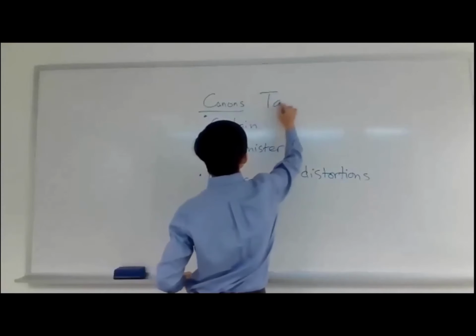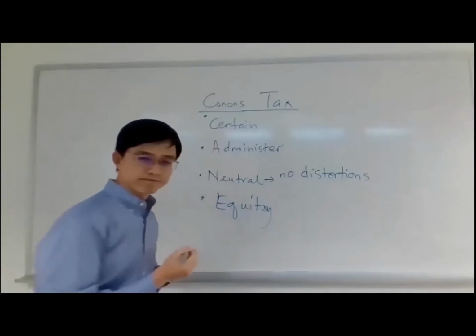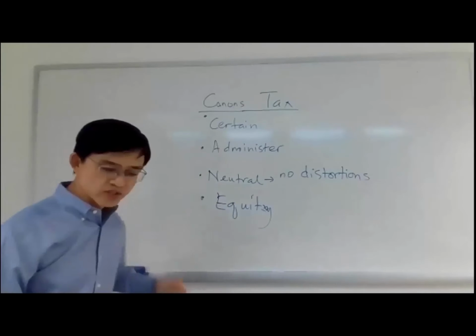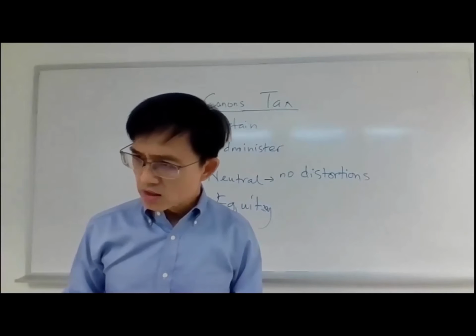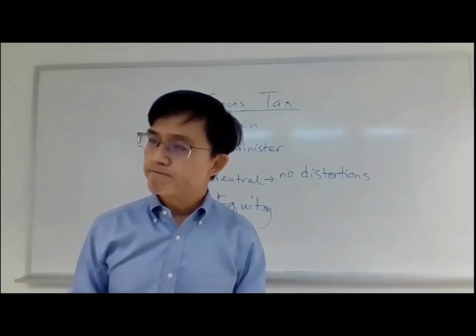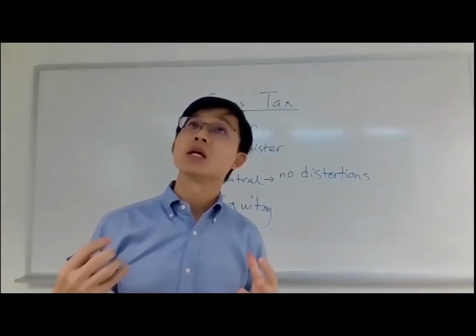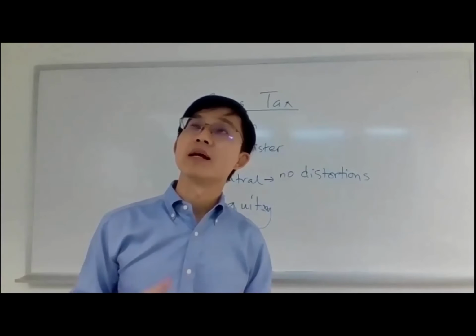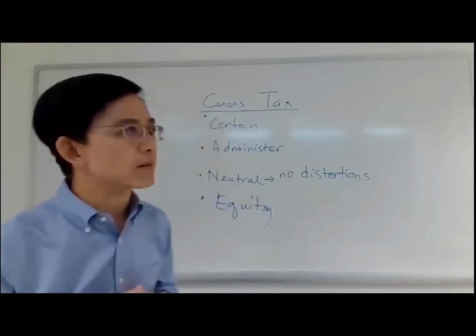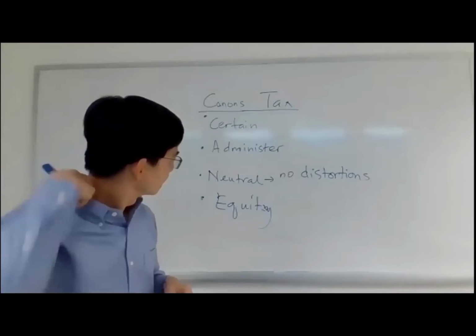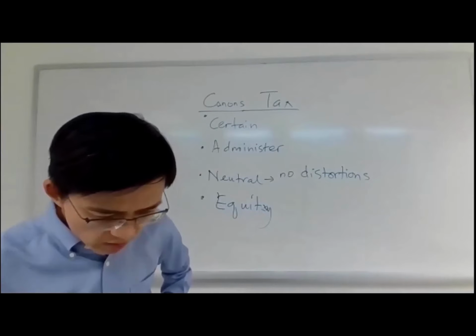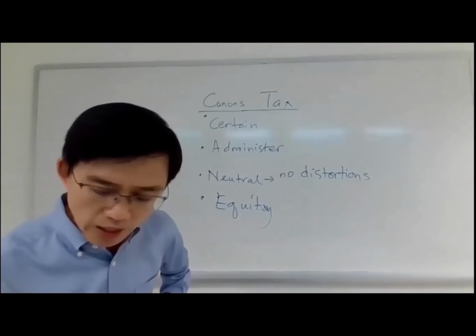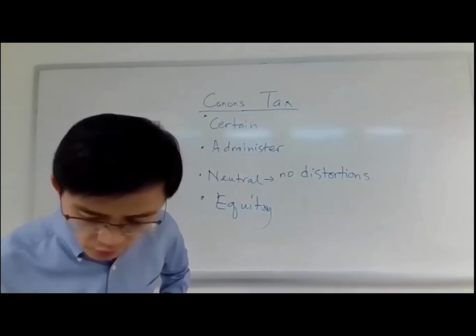What are canons of a good tax? And we say, you need to do this. Then I want to ask, is it really good that we redistribute or we don't redistribute? How much we redistribute, how much we don't redistribute?